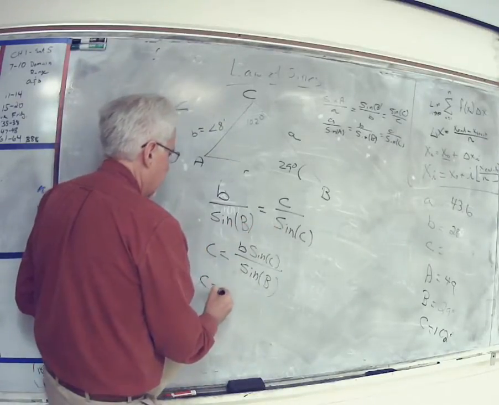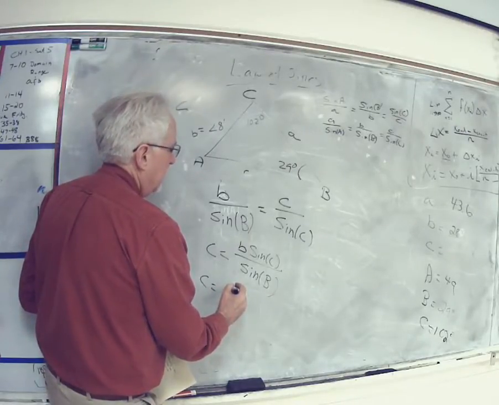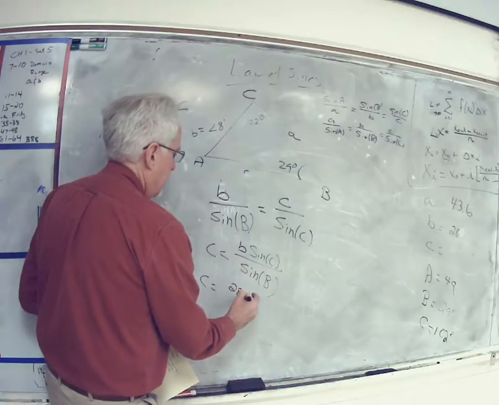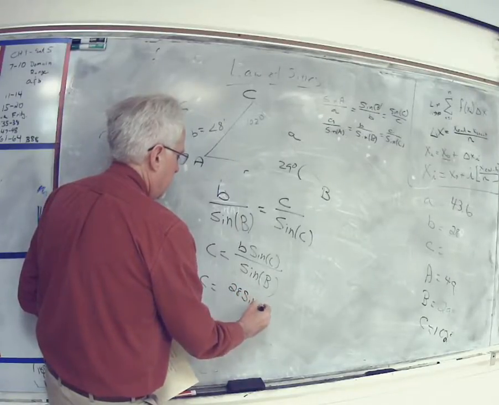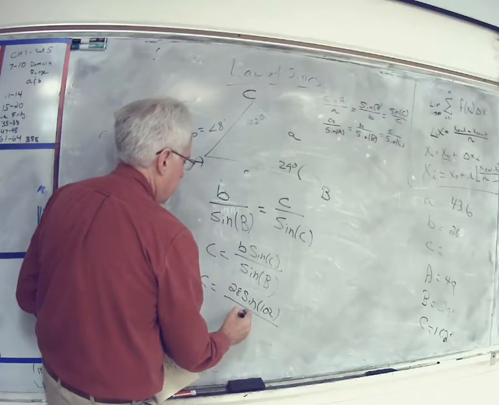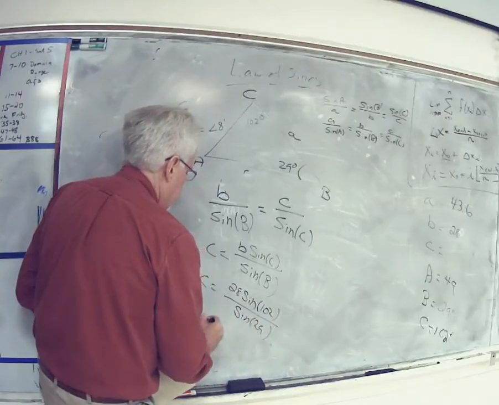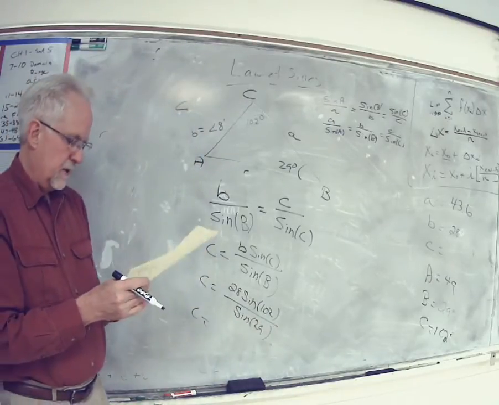So c is equal to what, Ben? c is equal to 28 times sine of 102 over sine of 29. Okay, somebody put that in the calculator and tell me what you get.